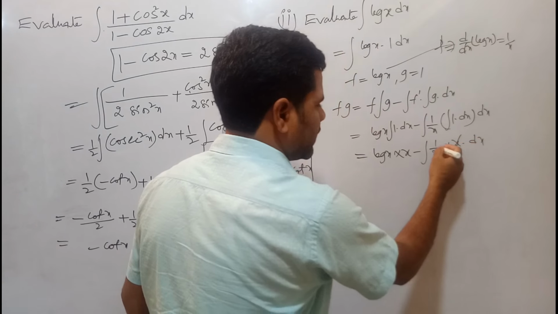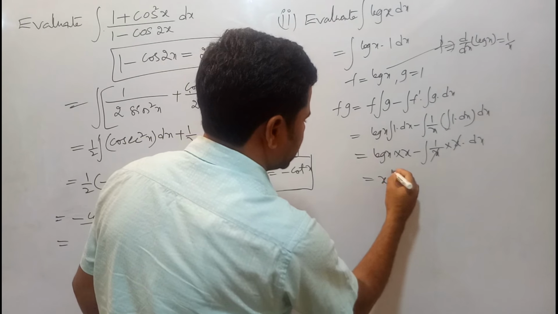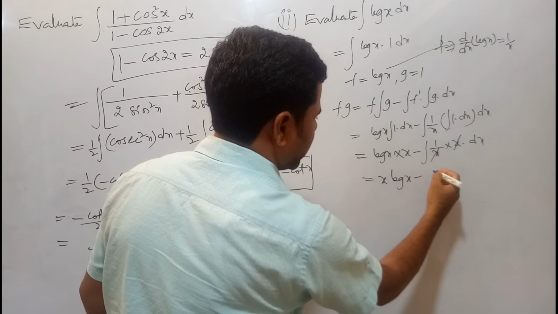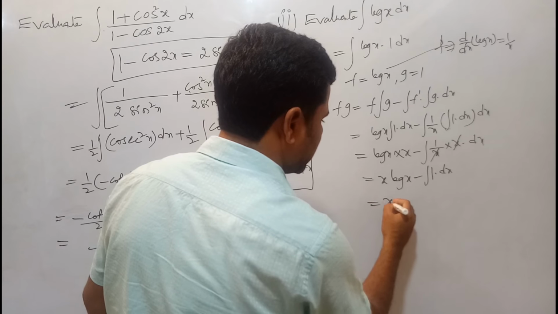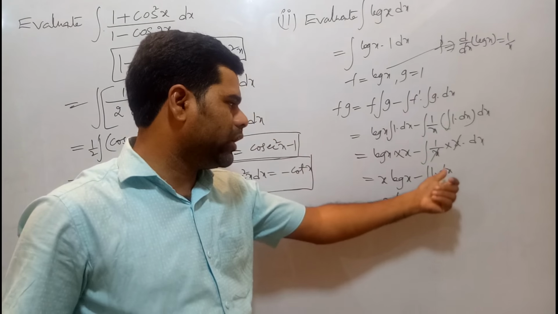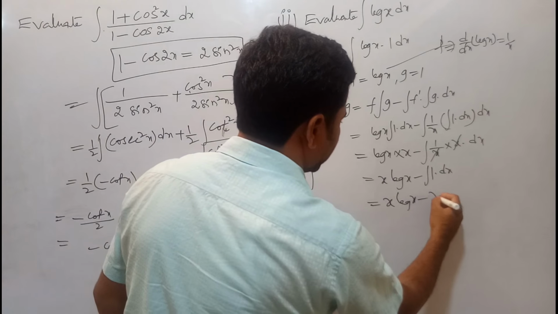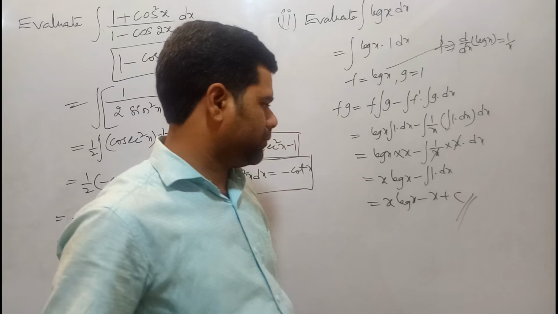So this numerator x and denominator x get cancelled. So x log x minus integral 1 into dx, that is equal to x log x minus x plus c. So this is the answer.